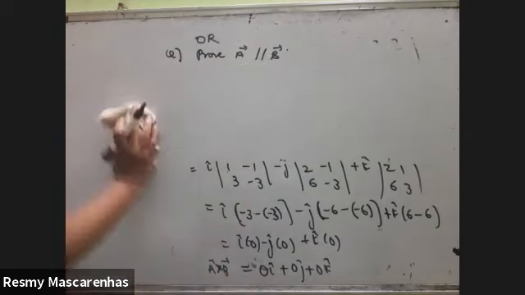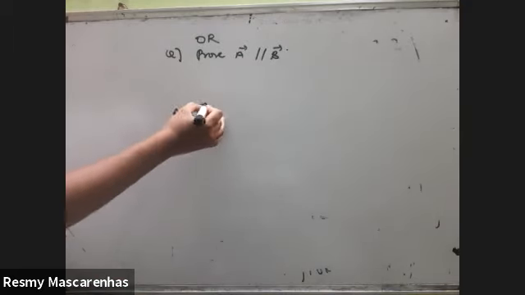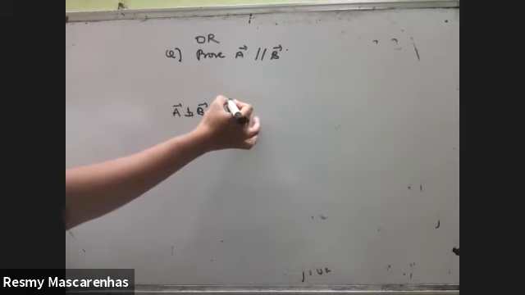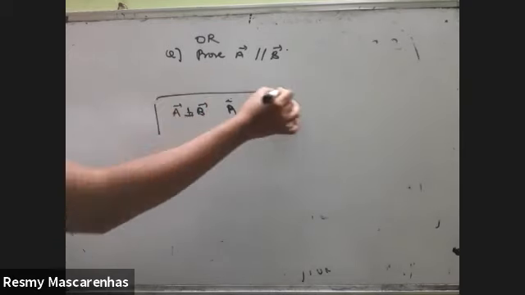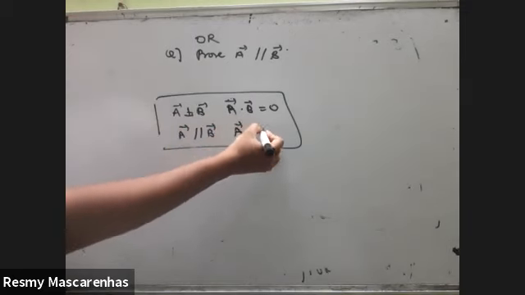Whenever you are asked to prove two vectors are parallel, you have to show that their cross product is 0. Previously, whenever we had to show two vectors are perpendicular, we had to show their dot product is 0. So remember this condition.